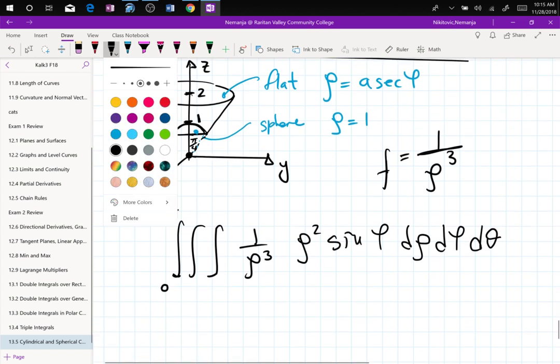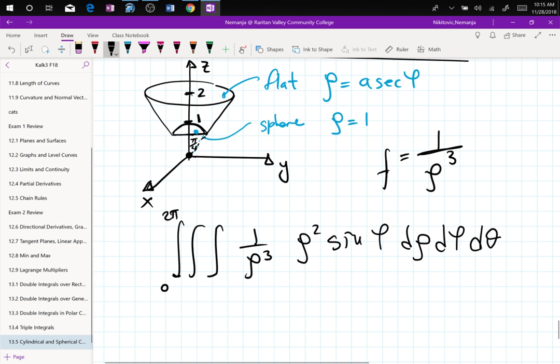What's my phi? 0 to pi over 4. Because, again, 0 at z, drop down pi over 4, let it rotate 2 pi around, it's creating a cone. You need to do these things when you go home and figure it out, right?